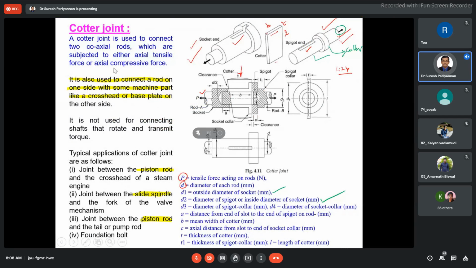Now see here. The cotter joint is used to connect two coaxial rods which are subjected to either tensile force or compressive force.